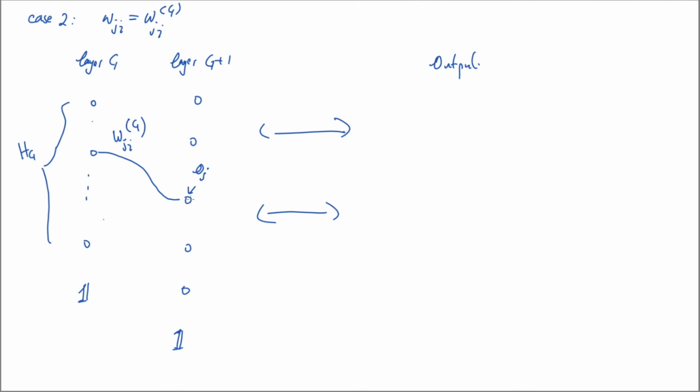So this guy must be node J. It's going to have output sigma net G plus 1 J, which is the sigmoid of the sum of HG plus 1 many terms, WJL G OGL.